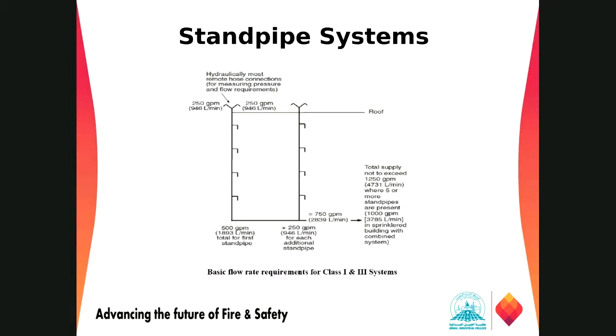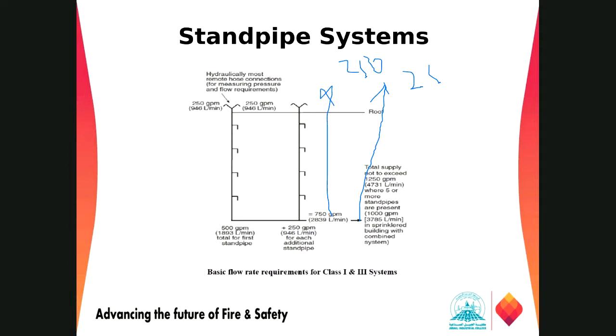And in the same building, we can go up to a maximum of around 1250 GPM. So if we need any additional riser, we need 250 for this one. Then there is one more additional riser, and we need 250 for this one. So now we have already crossed 1000 GPM. We can keep one more additional riser of around 250 GPM, so we are now at 1250 GPM.